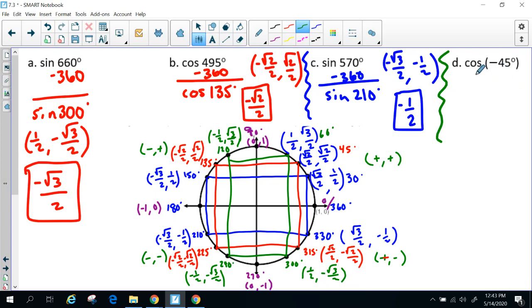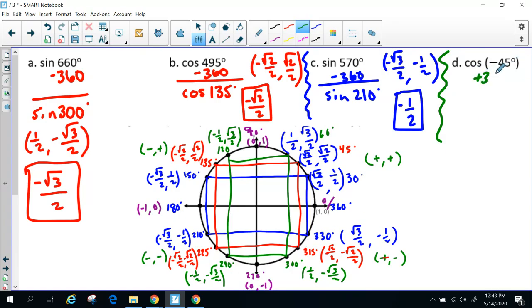And if we're looking for the cosine of negative 45 degrees, there's no negative rotations on here. A negative rotation would mean that you would start here and go clockwise. So if you could handle that, think of a rotation 45 degrees clockwise, you would know that that's really the same as 315.